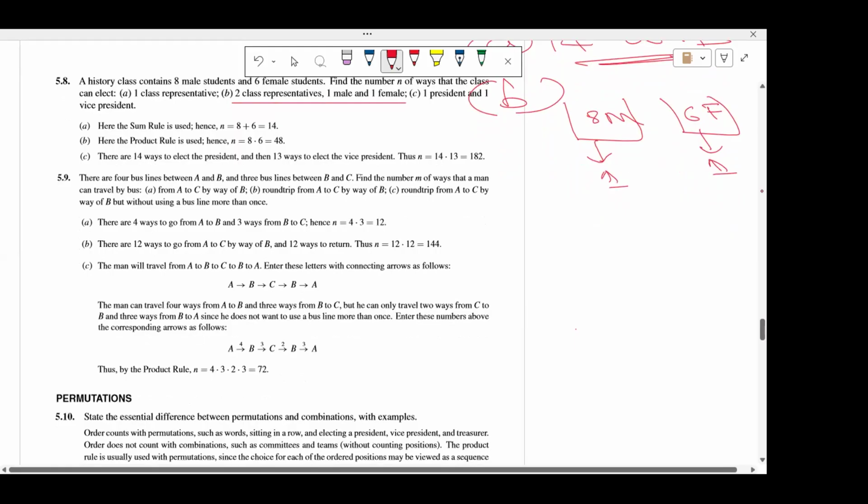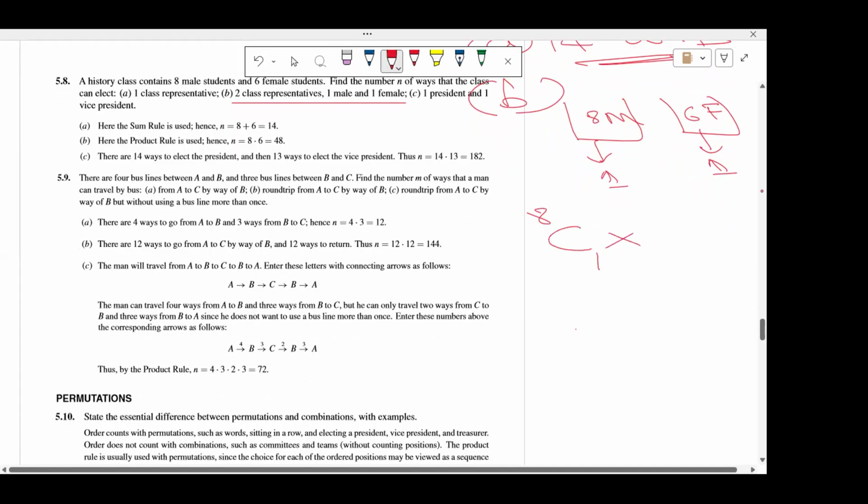If you are selecting one or n number of people from a group, we normally apply combinations, not permutations. From 8 male students we select one, then we take the multiplication. Why are we taking multiplication and not addition?